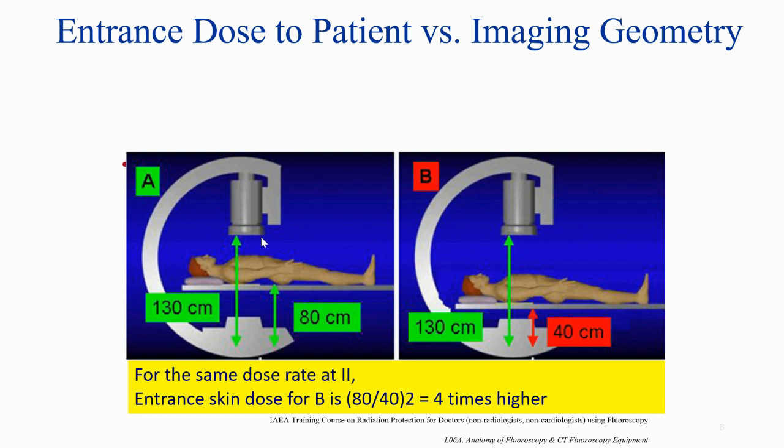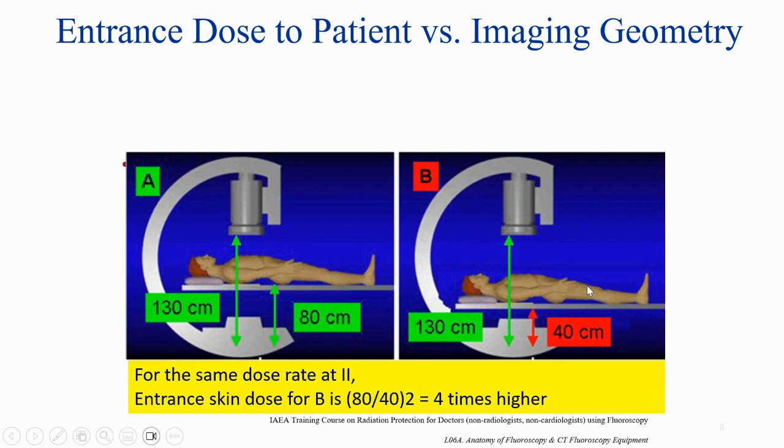So there is no need to increase the patient dose to get a sufficient number of photons for diagnostic image quality. While in geometry B, when the image receptor is away from the patient, most of the transmitted radiation photons will be away from the image receptor and will not be received properly.